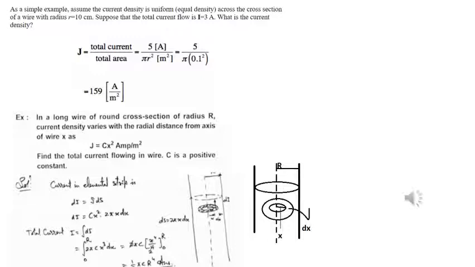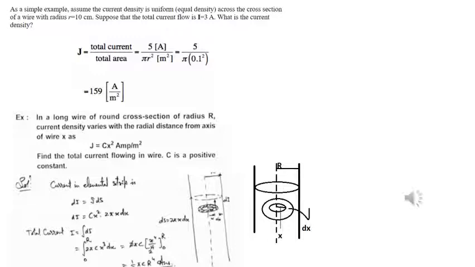And here if I take the elemental strip and cut it down, what will be the area? Because I'm interested in the area, the length will be the perimeter, that is 2 pi x, and the thickness considered is dx. So ds is 2 pi x into dx. So the small area is 2 pi x into dx.